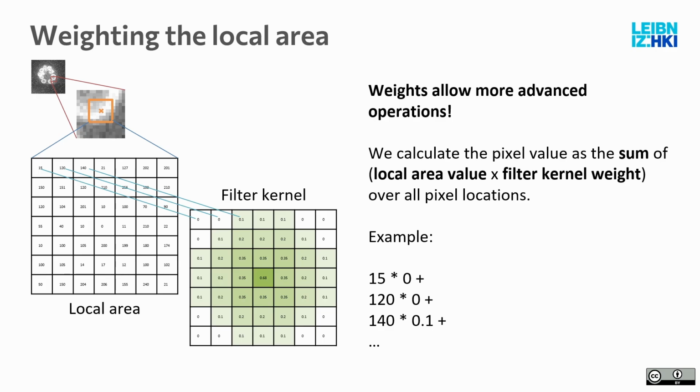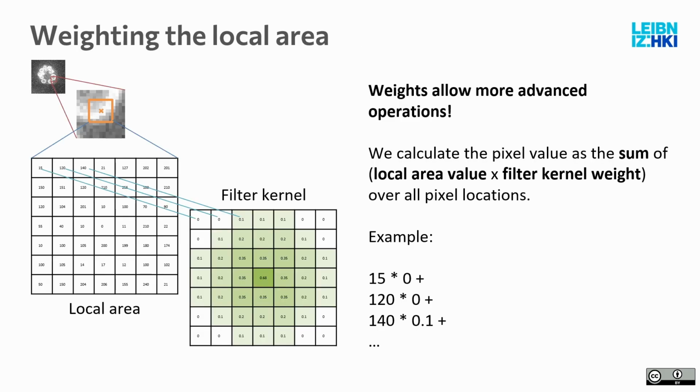We do it for all of that, and that way, by summing everything up, we calculate the final value that comes out for this single pixel. This is basically how all of these local operations work. They actually have weights inside. It's very, very powerful.